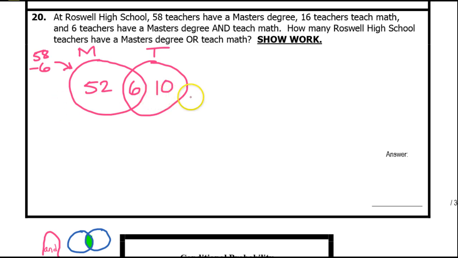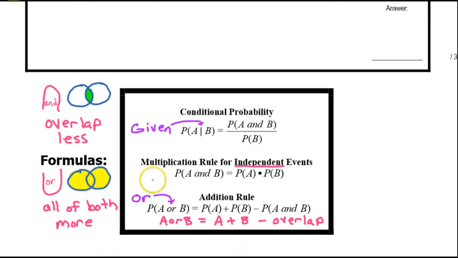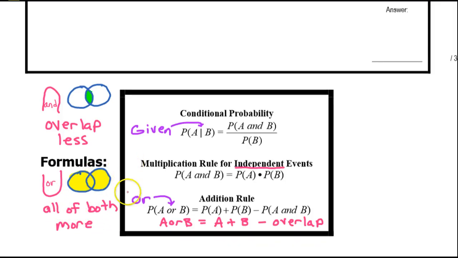So this really will give us an easy answer to the question of how many teachers have a master's degree or teach math. Remember what we learned about the word or. Or means all of both, and looking at a Venn diagram, it looks like this.